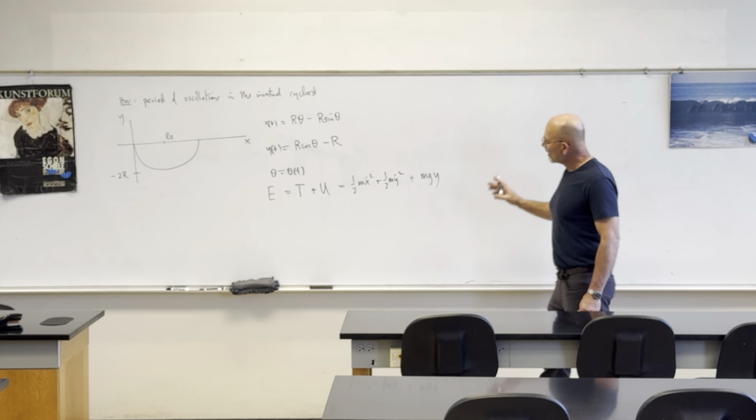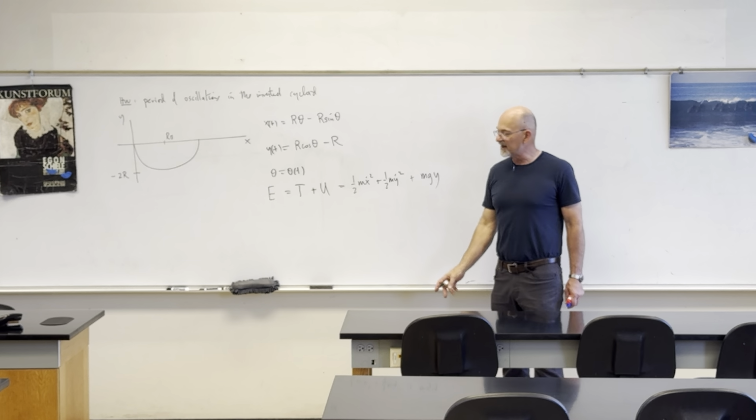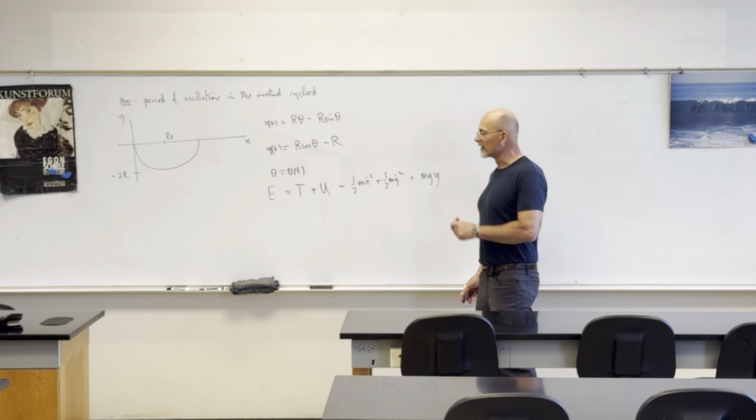Now next semester in Lagrangian mechanics, we'll be able to do these kinds of things not with the energy but with the Lagrangian, and it will work for any number of variables, but this works for one variable.